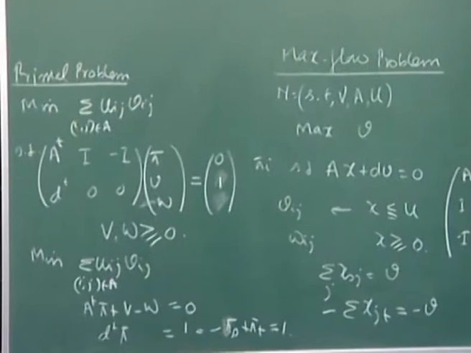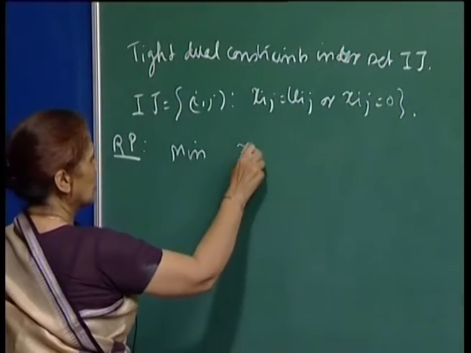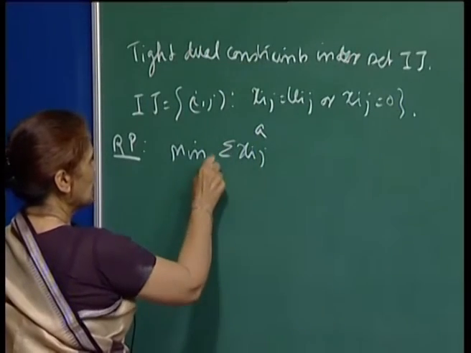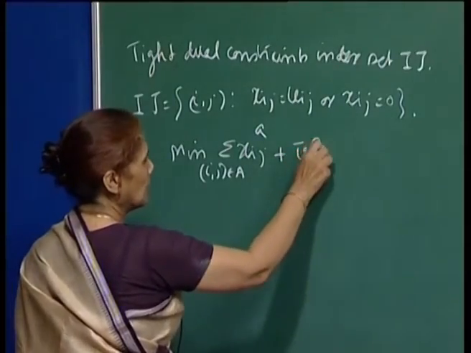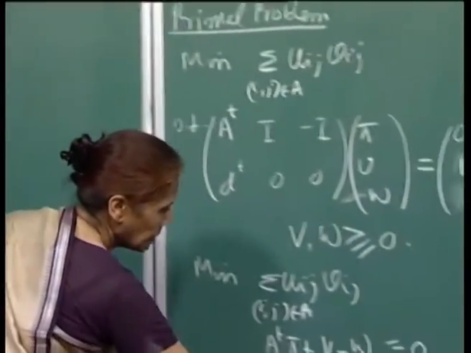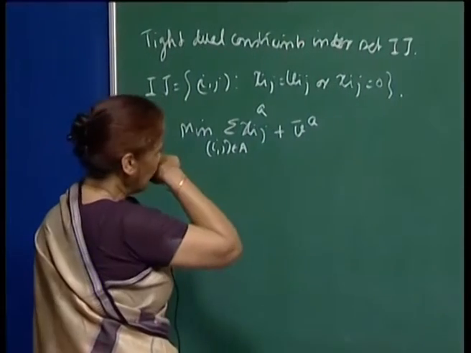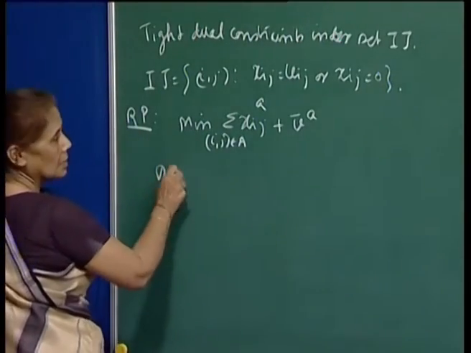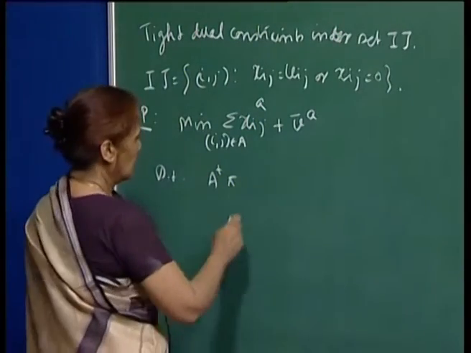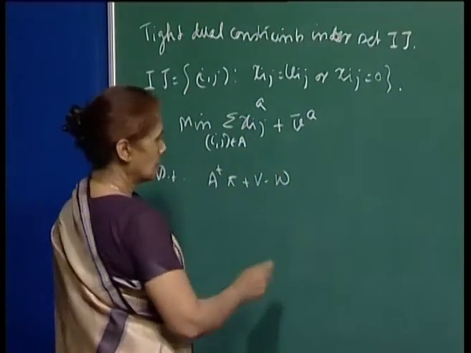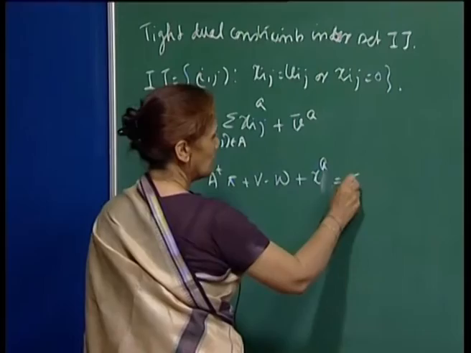So you will write the restricted primal as: minimize the summation of x_ij^a over ij belonging to A, plus V bar A, the artificial dual variable, subject to A transpose pi plus V minus W plus x^A equal to 0.